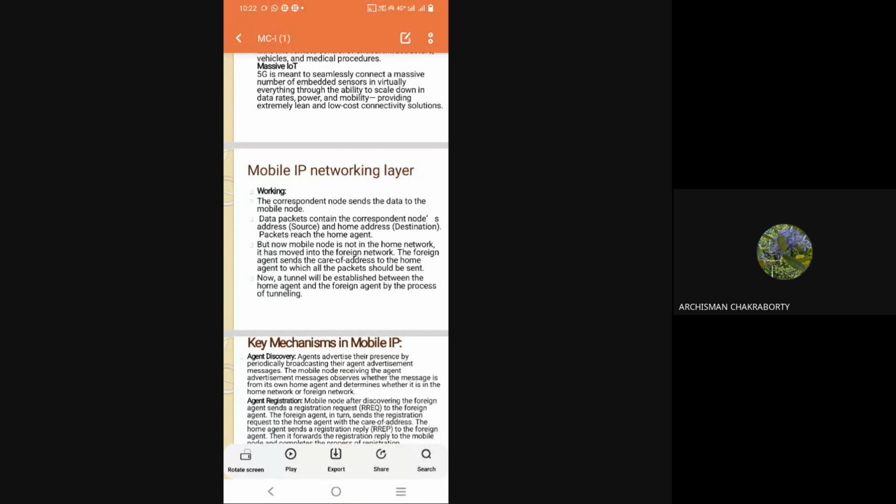So when we are traveling in a high speed vehicle, you may leave one network and enter a new network, but your communication will not be dropped. This is the work of mobile IP.